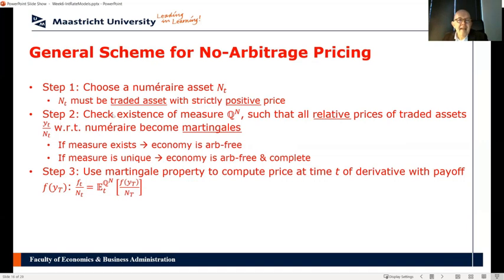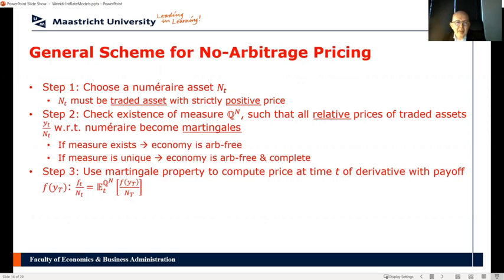Then if I have chosen a numeraire, I can find a martingale measure, Q superscript n, that belongs to that numeraire, such that all the prices of traded assets divided by the numeraire become martingales. And if such a measure exists, the economy is arbitrage free.